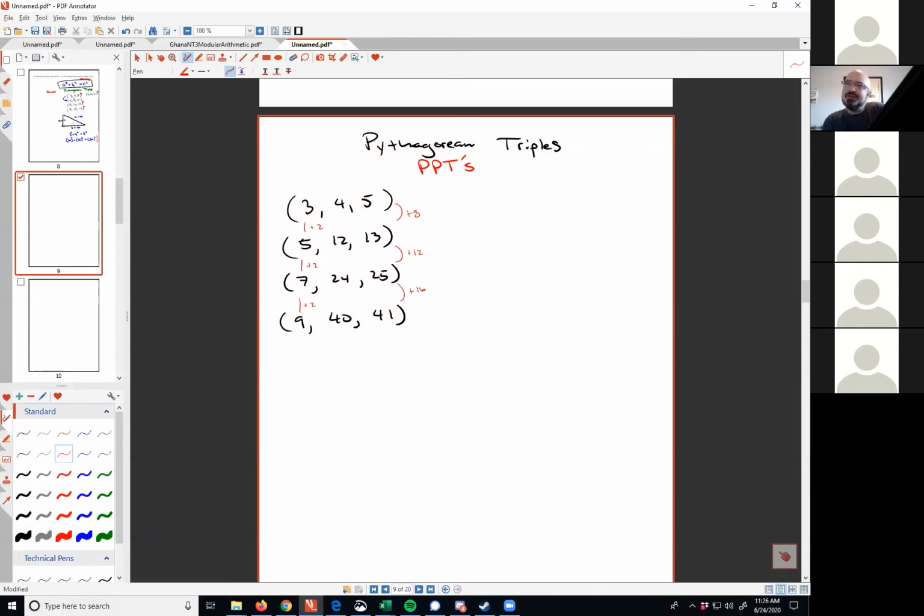Okay, keep going. What else? The increasing rate for the last number is the same as for the middle number. Oh, that's true. The middle numbers are increasing by the same as the last number.